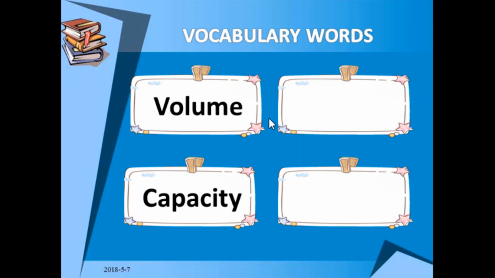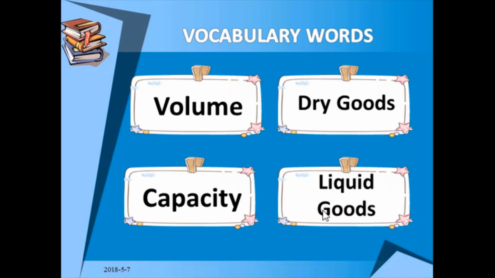Okay, good job. Next, we have dry goods. Dry goods. Well done. Last one, let's have liquid goods. Liquid goods. One more time. Volume, capacity, dry goods, liquid goods.